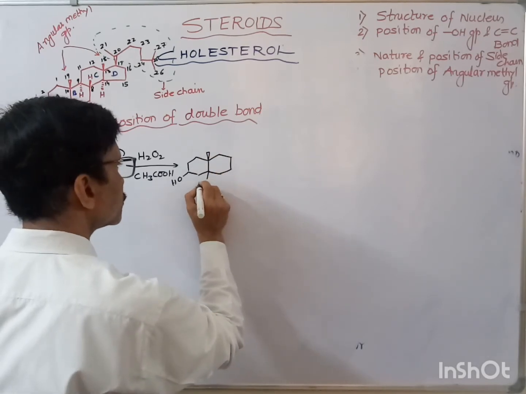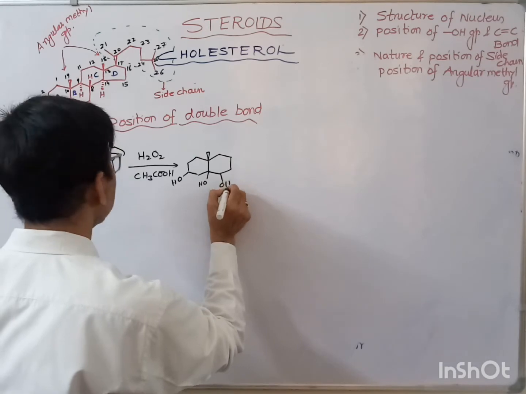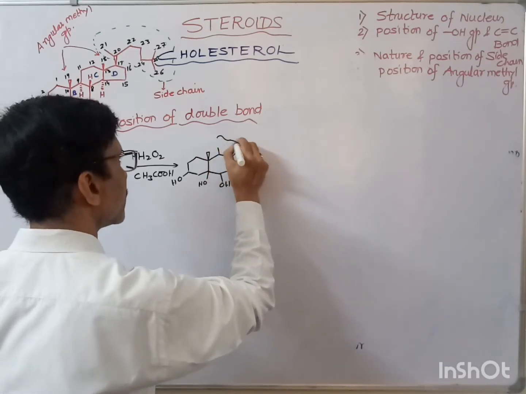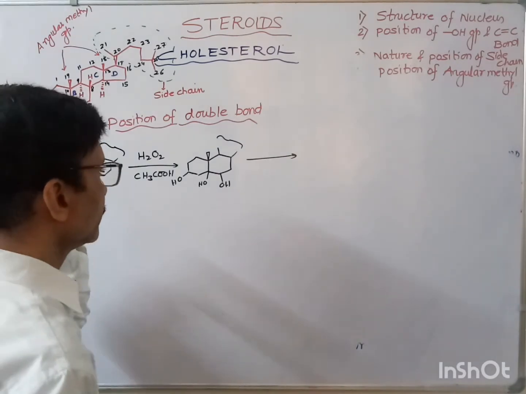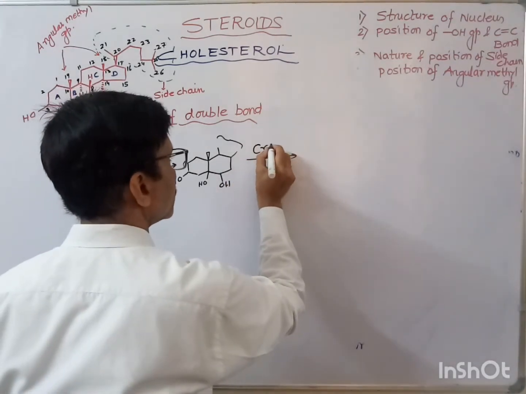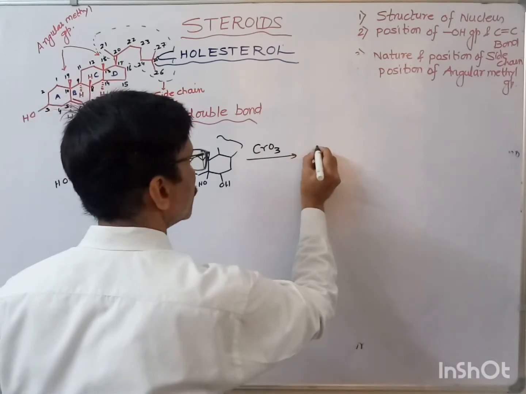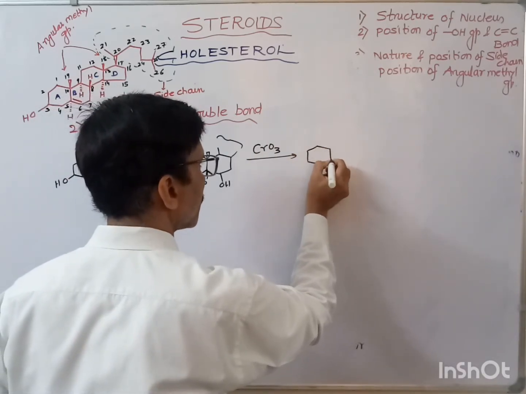So here one OH group and one OH group here. And further, when it was treated with chromium oxide, it will do the oxidation.